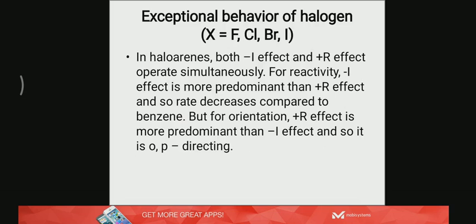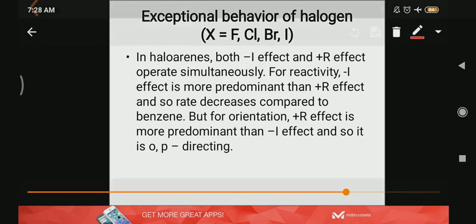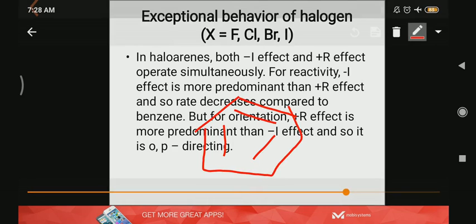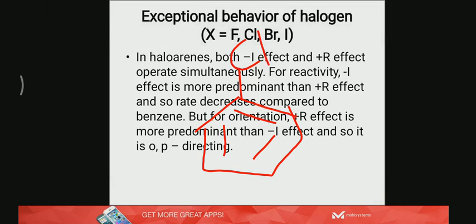Halogen, fluorine, chlorine, bromine, iodine, when connected to benzene, has two effects operating at the same time. We know halogen, when connected, for example, if it is Cl, chlorine, has three lone pairs all around.